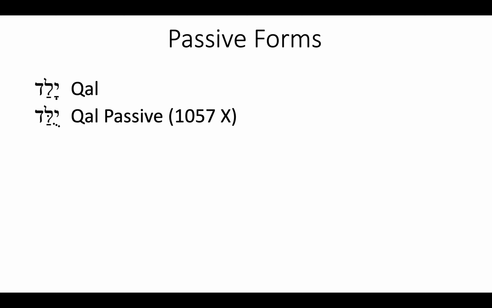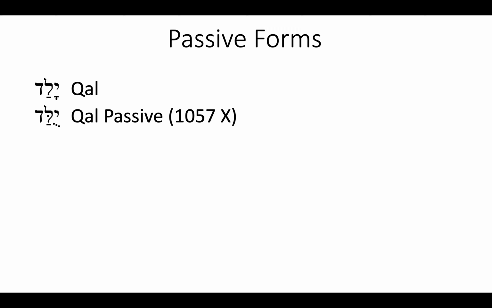But just as a general rule, when you see this oo vowel showing up in between root letters, or you see this three-dot kibbutz vowel, which we haven't encountered a whole lot, but it does show up in these passive forms. If you see this oo vowel floating around anywhere among the three root letters, chances are very, very, very good that it is a passive form of some type.